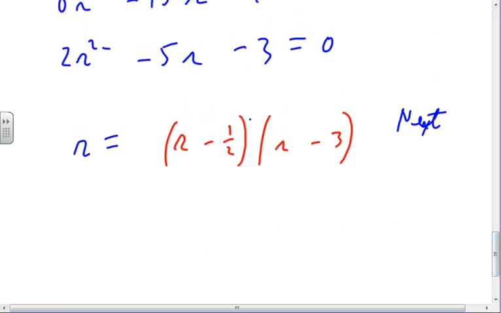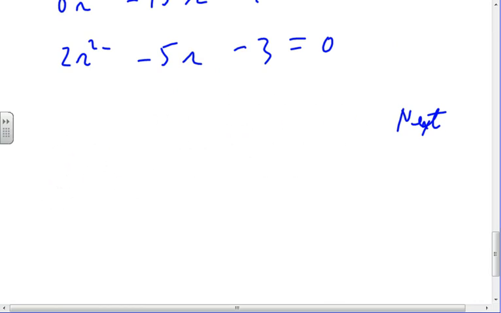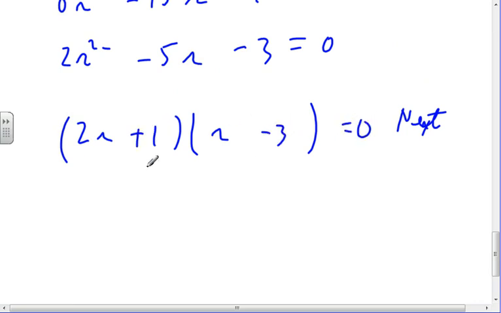Maybe it does, maybe it doesn't. Right, so I'm going to have 2r times something, r times something. And if I go minus 3 plus 1, then that's how it factors. And r becomes a minus 1/2 and a 3.